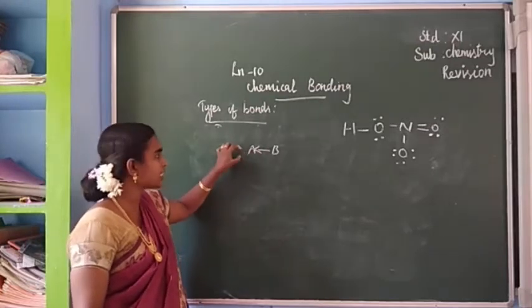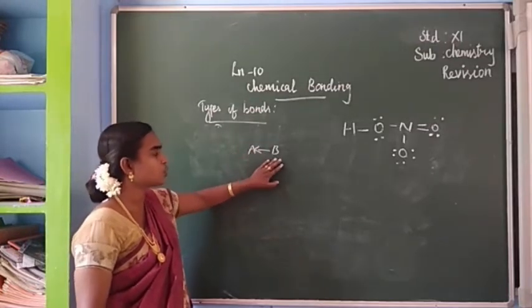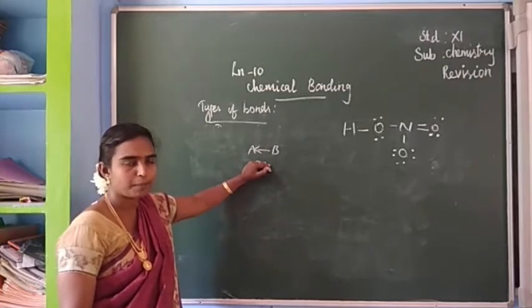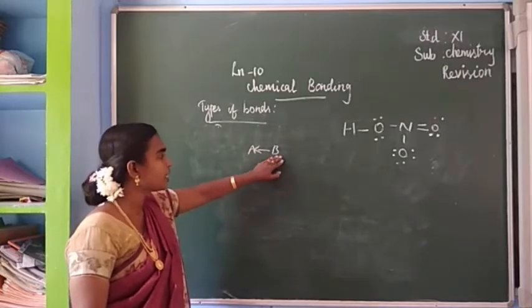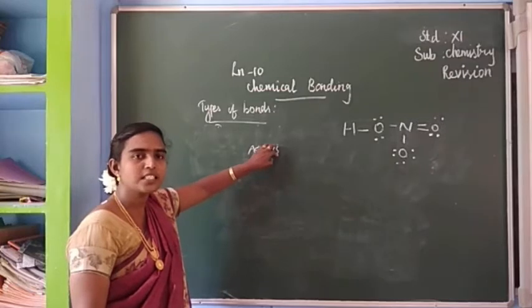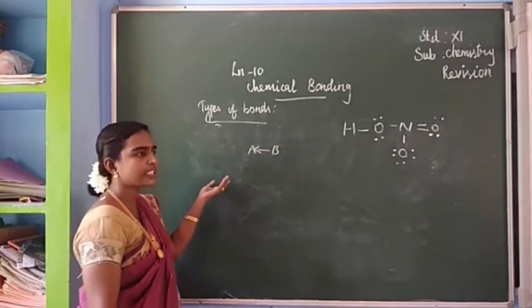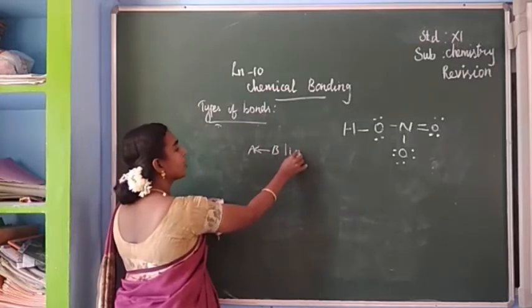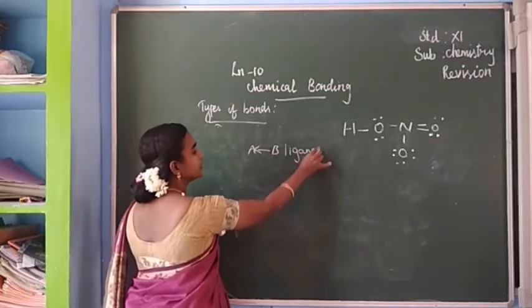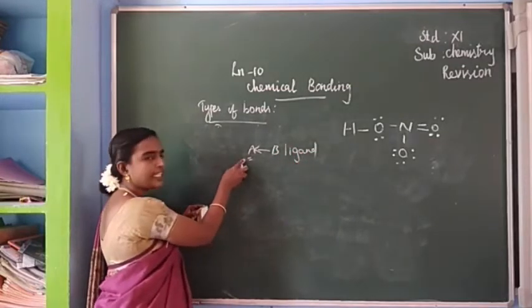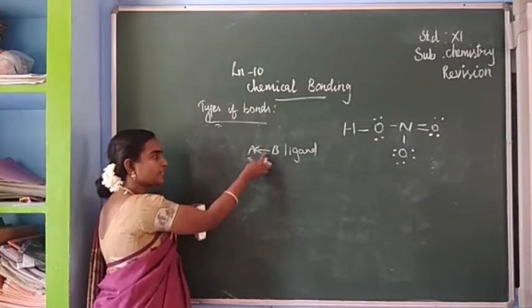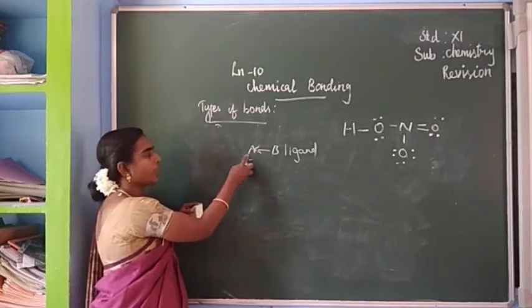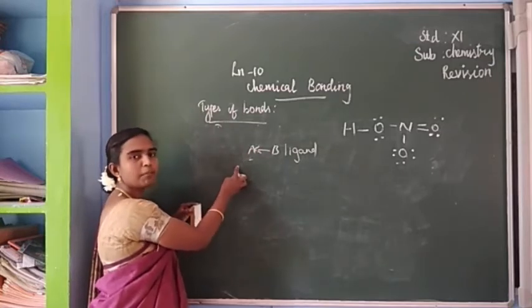As a result, a bond is formed between these two atoms, called a coordinate covalent bond. Among these two atoms, the atom which donates the electrons is called the electron donor, or it may be a ligand. Next, the atom which accepts the two electrons is the electron acceptor, referred to as the central metal ion.